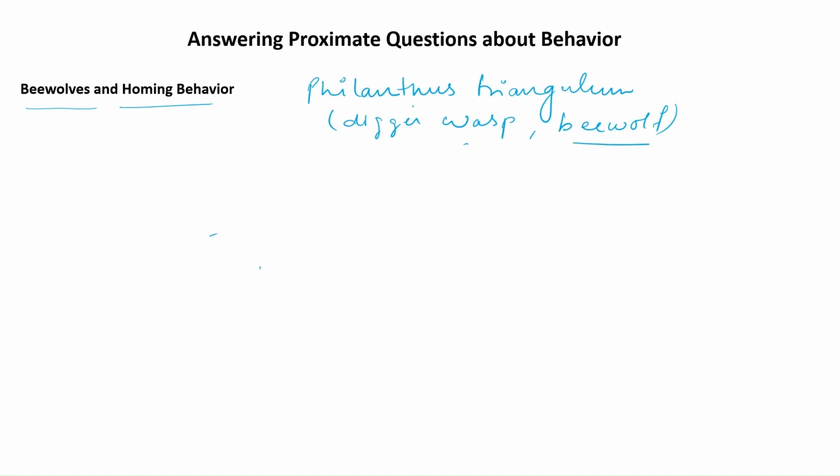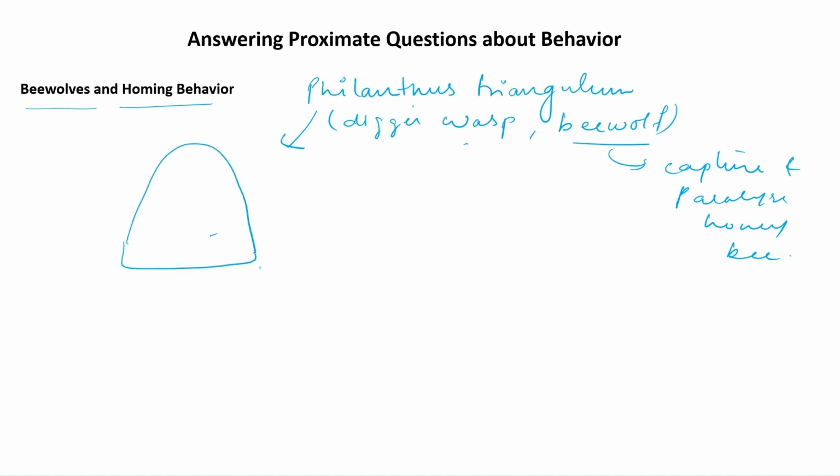Now, Philanthus triangulum. This is a digger wasp, also known as the bee wolf. Why bee wolf? Because they capture and paralyze honeybees. Now what Tinbergen observed was that these bee wolves make homes in sand dunes. Say suppose this is a sand dune, the bee wolves will make homes.